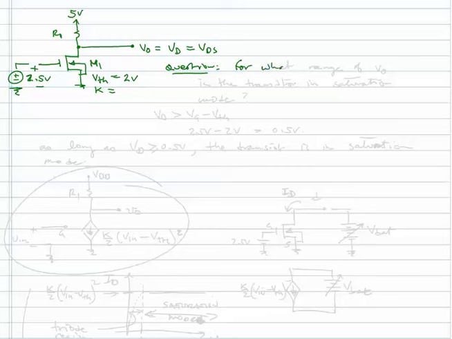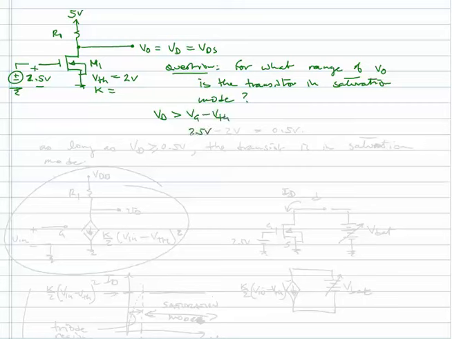The question is, for what range of V out or V drain is the transistor in saturation mode? Well, if we go back and look at our rule, the drain voltage must be greater than the gate voltage minus the threshold.